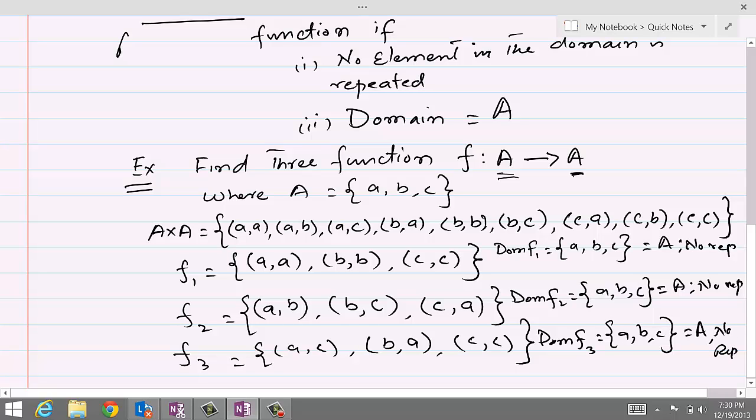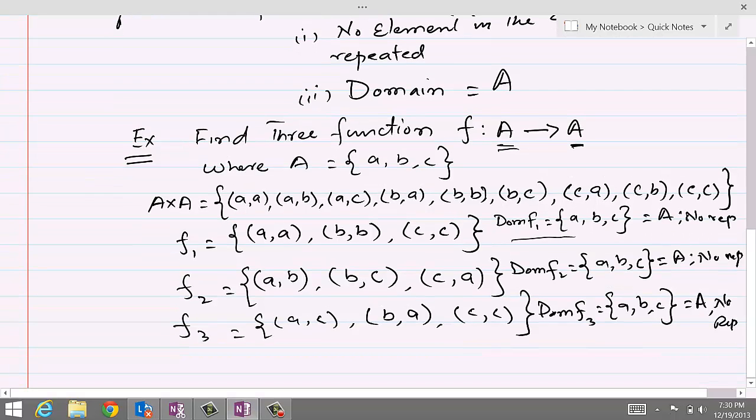So this is how we can find relations, and some of those relations are obviously functions. But to identify which of the relations are functions, we look at these conditions: the domain of that relation must be equal to set A, and no element in that domain must repeat itself. Such relations will be called functions.